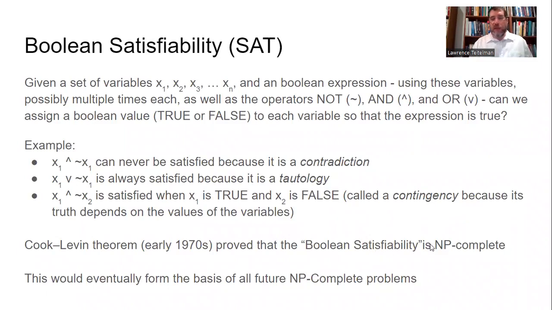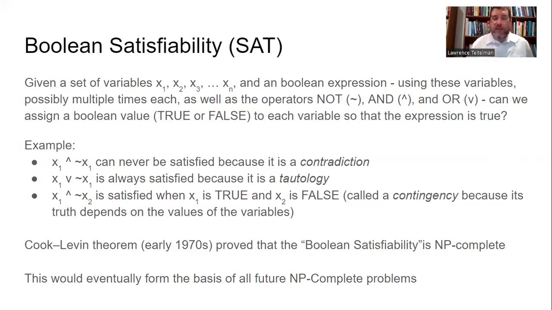It means we have statements with variables, and the question is, can we assign values of true and false to the variables, the x1s and x2s and so on, in such a way to make the whole expression true? Basically, is the contingency true or not? They call it satisfiability.